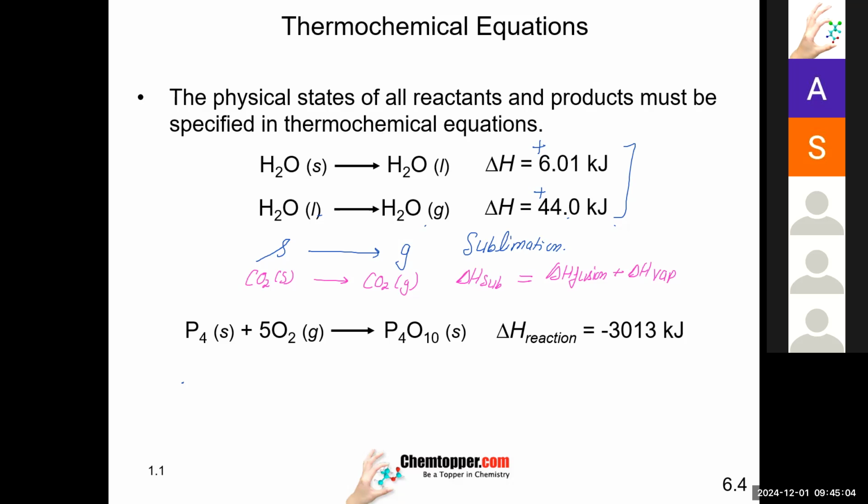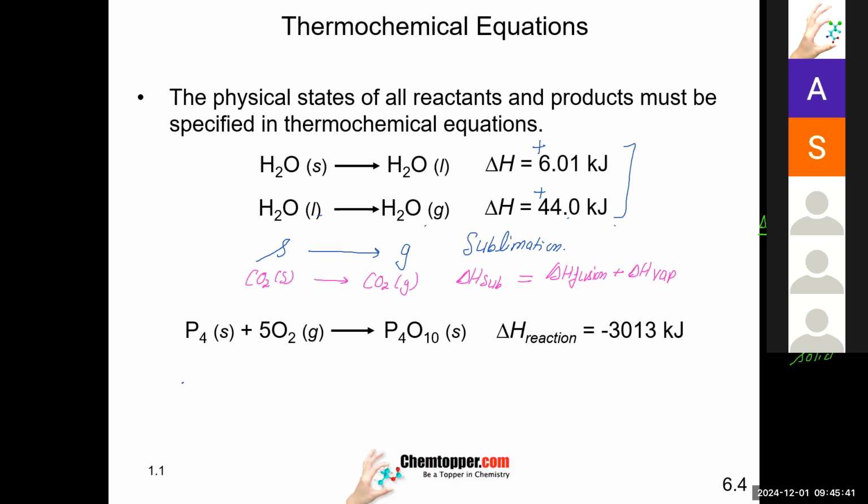Here is the solid. You can see this line, green line, solid. You want to convert this solid into gas. This is gas. We call this as delta H of sublimation. But you know that solid to liquid is delta H of fusion.